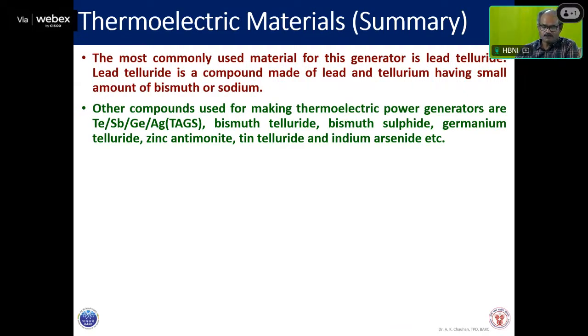Other compounds used for making thermoelectric power generators are tellurium, antimony, germanium, silver, bismuth telluride, bismuth sulfide, germanium telluride, zinc antimonide, zinc telluride, and indium arsenide.